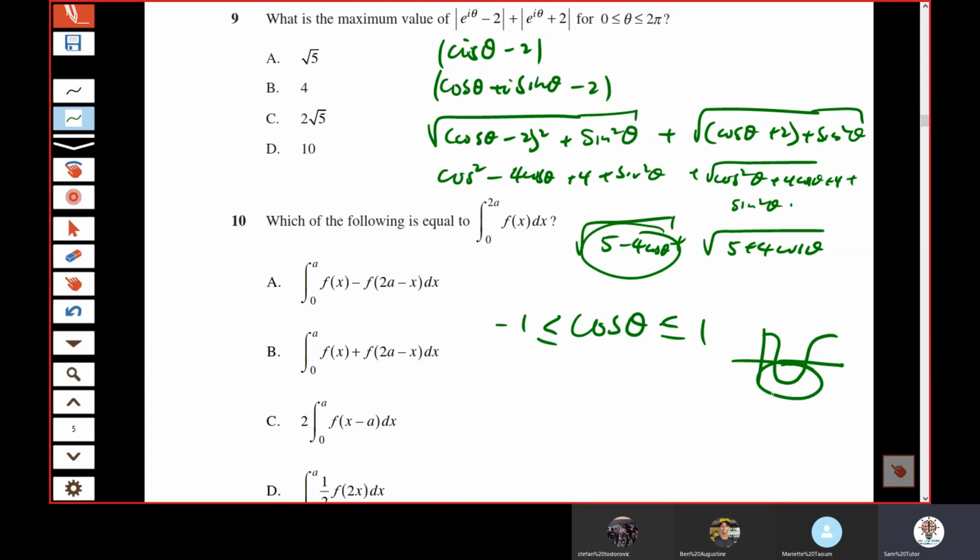So it's actually between 0 and 1. Does that make sense? So 0 less than or equal to cos θ less than or equal to 1. Times everything by 4. You would get 0 less than or equal to 4 cos θ less than or equal to 4.